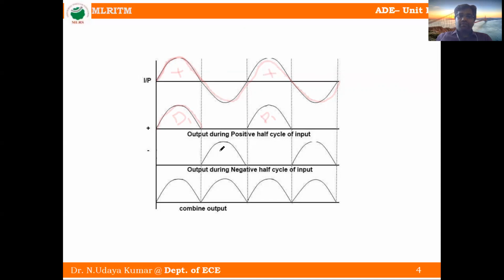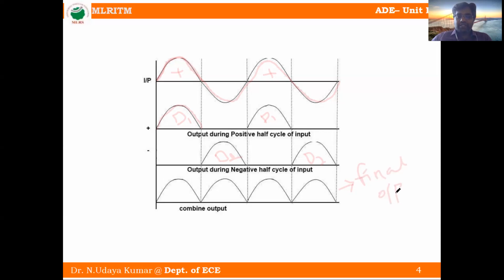During the negative half cycle, diode D2 is on. So this one is D2. So the final output we will get is this.